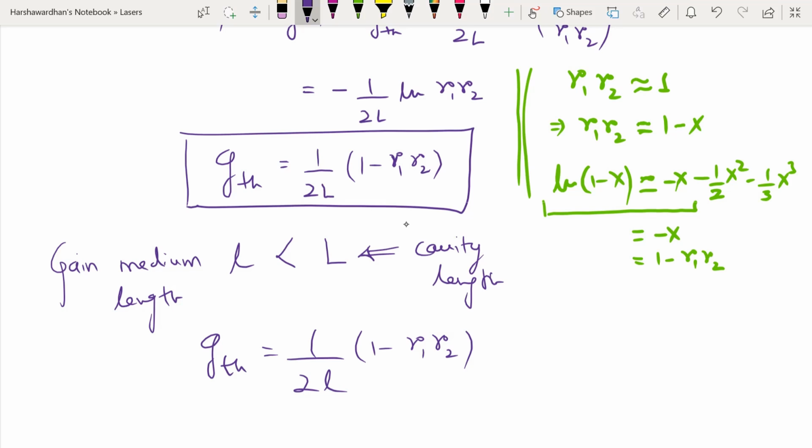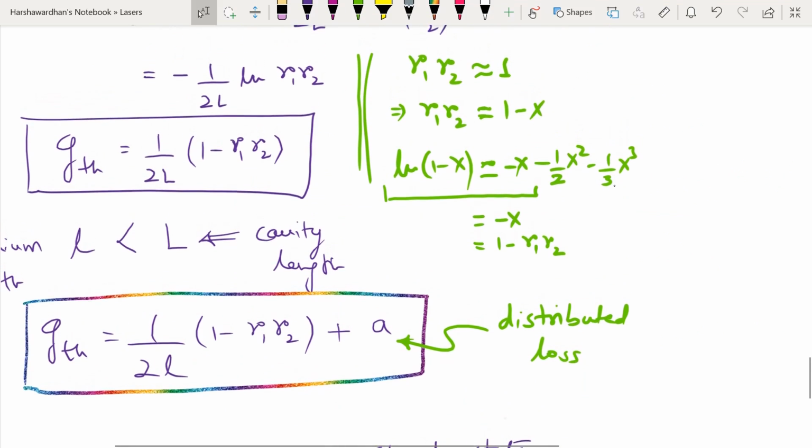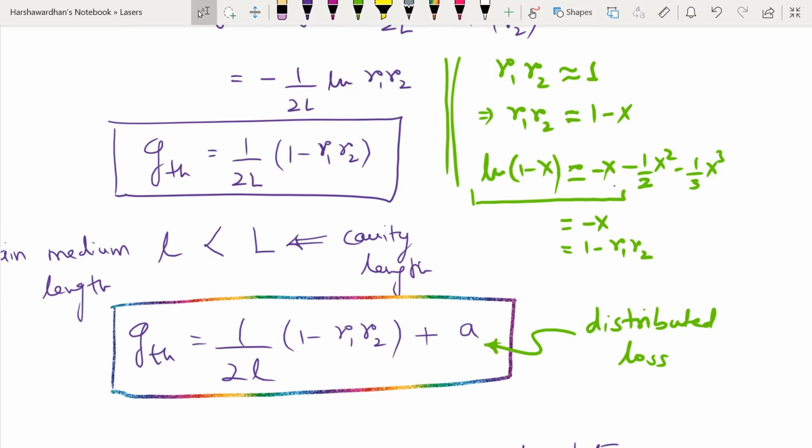And the other generalization which I want to talk about is that I could have distributed loss. So my gain threshold will be a value which is larger than what I have just written, right? So this A here is simply the distributed loss within the cavity.